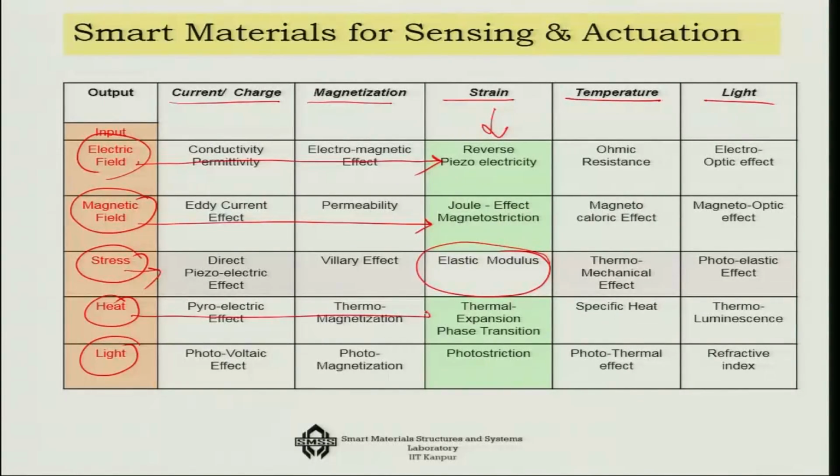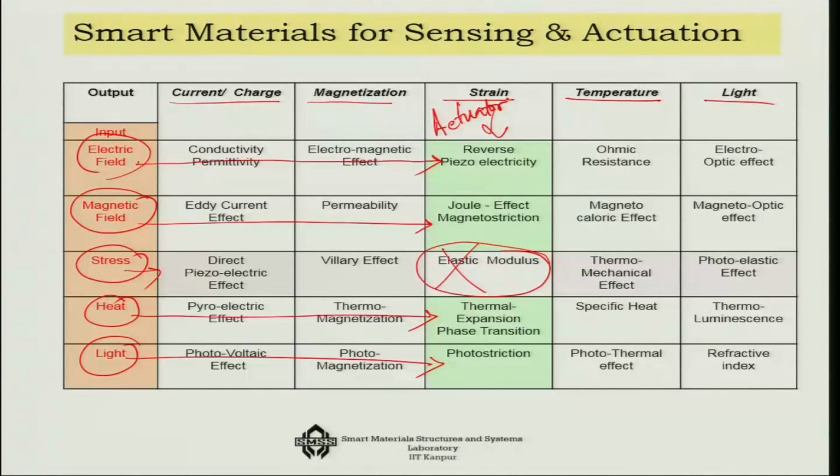With heat, shape memory applications, that is smartness. With light, photostriction, that is smartness. So essentially this whole column, except the diagonal term, consists of actuators, where these off-diagonal properties of the material are used for building up the actuation.